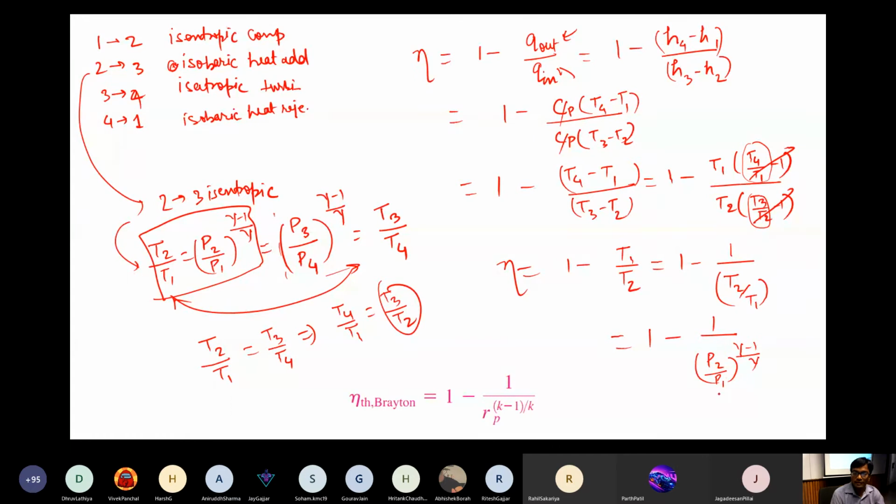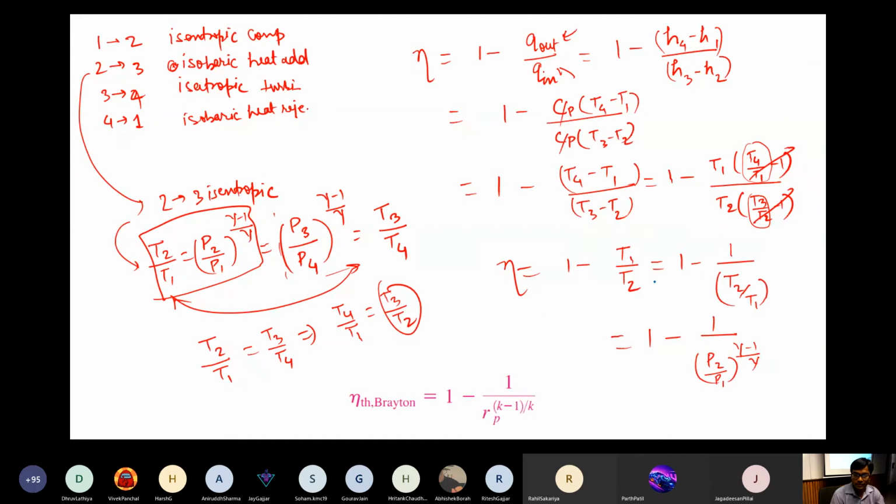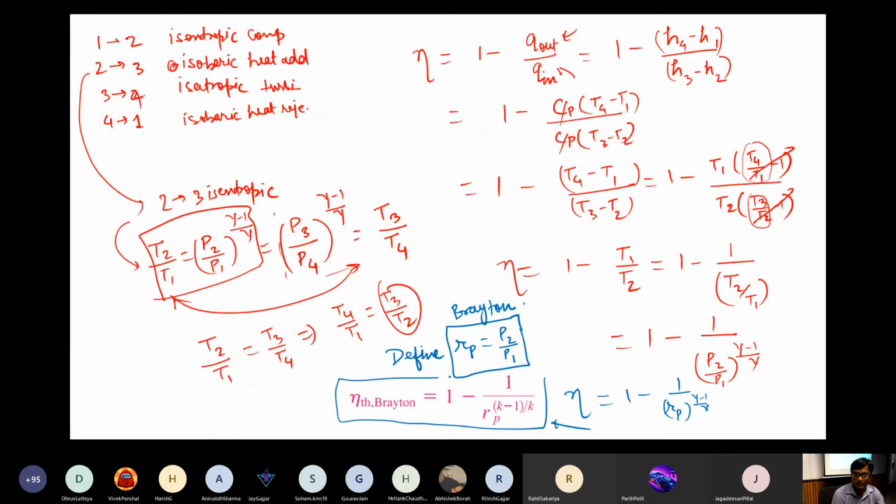Here we introduce a new term called the pressure ratio: Rp is equal to P2 by P1 for the Brayton cycle. Once we define it, eta is equal to 1 minus 1 upon Rp to the power gamma minus 1 by gamma. This is what is written over here.